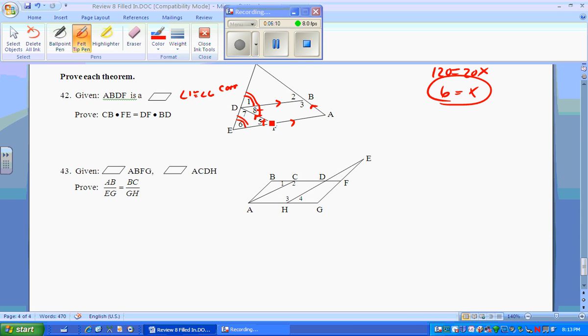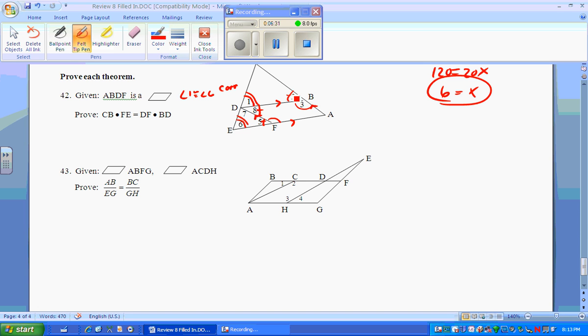You also know that this angle here is congruent to 3, which then means 5 is congruent to 2. That means 2 is congruent to 5. And we're going to be able to prove that these end up being similar to each other also.